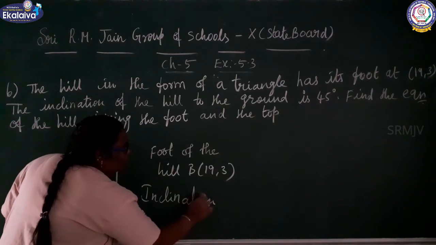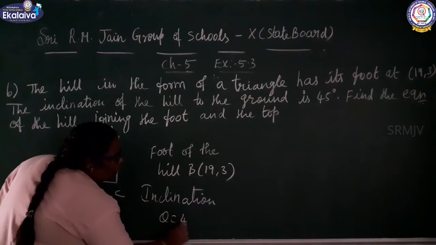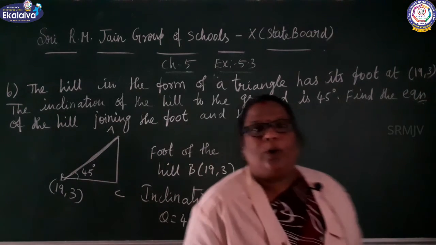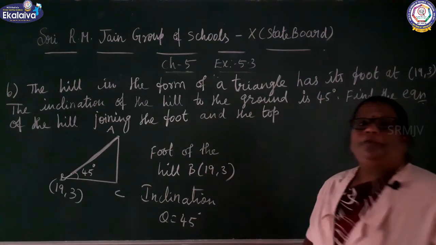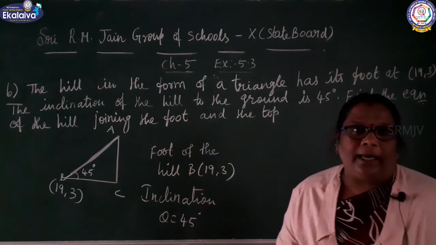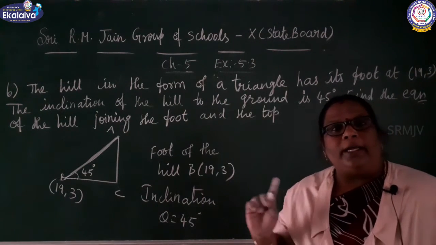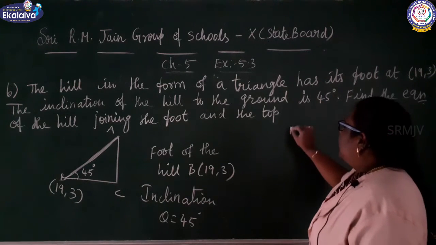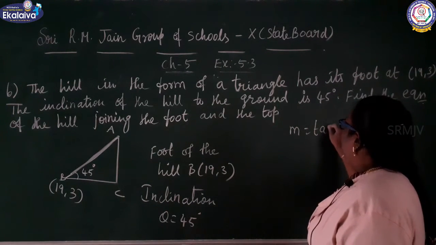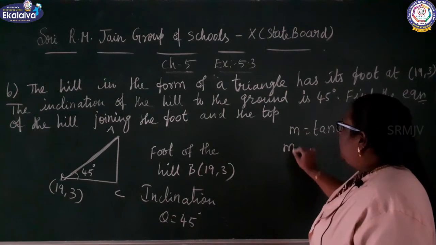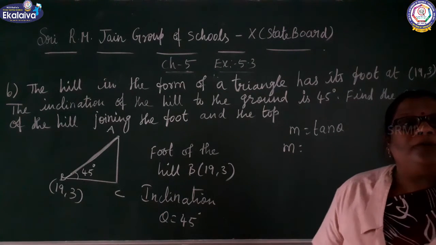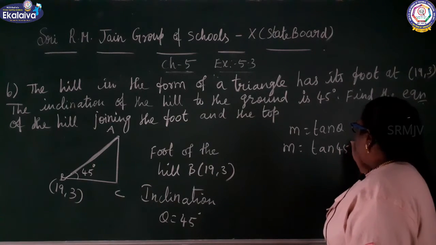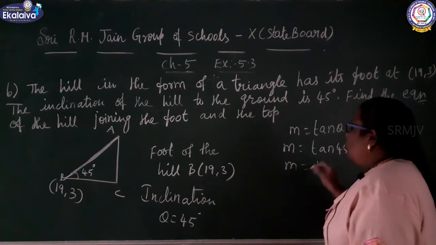Inclination theta equal to 45 degrees. We should find the equation of the line using the one point and slope formula. You can take m equal to tan theta. What is the value of theta? 45 degrees, tan 45 degrees. So m equal to 1.